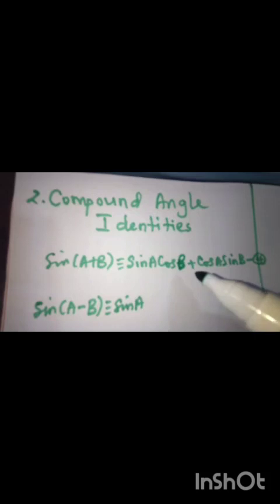Then similarly, once we know the fourth one, to obtain the next one, we have sine A minus B. We simply replace B, so we have sine A cos B minus cos A sine B. That's the fifth identity. So how did we obtain this?